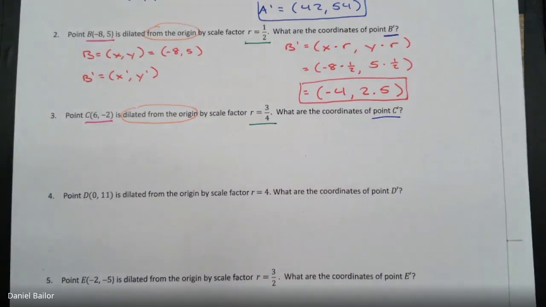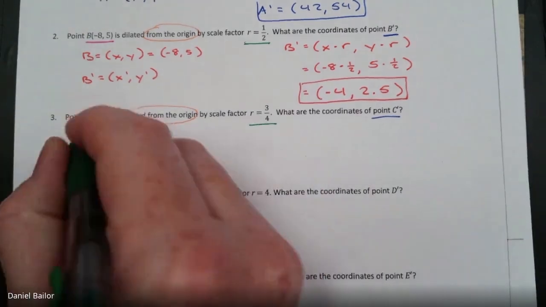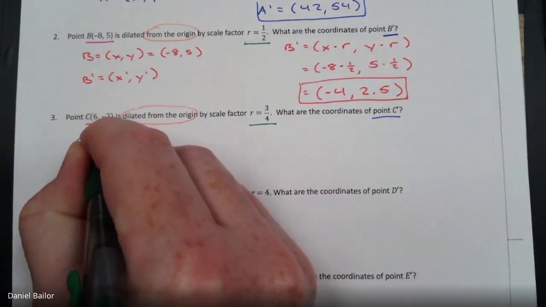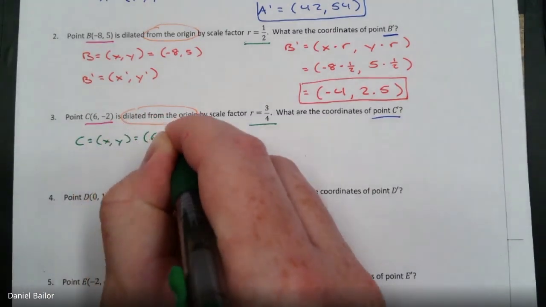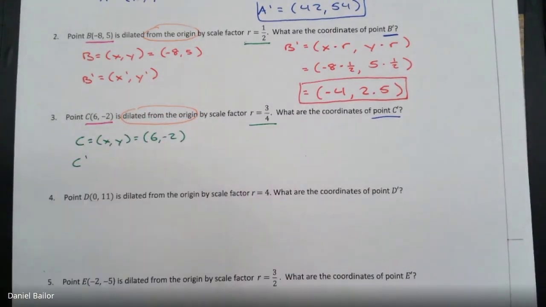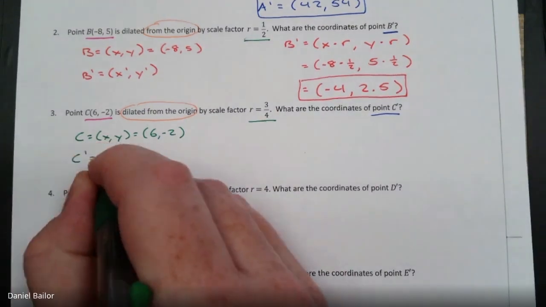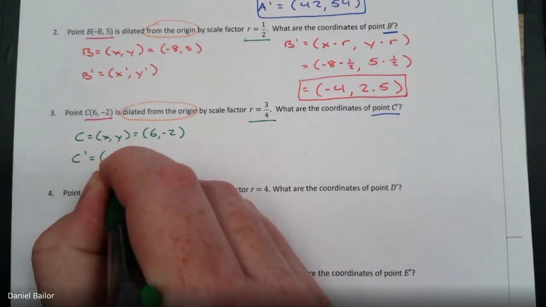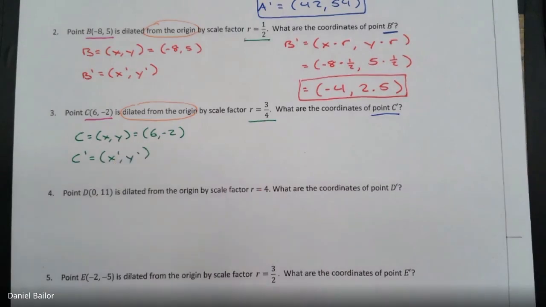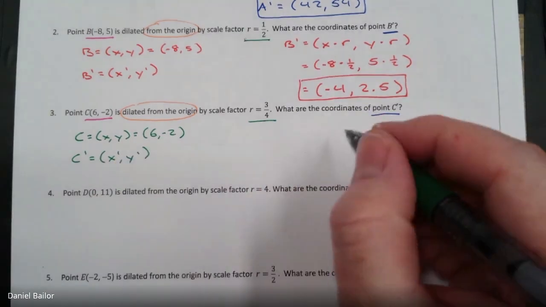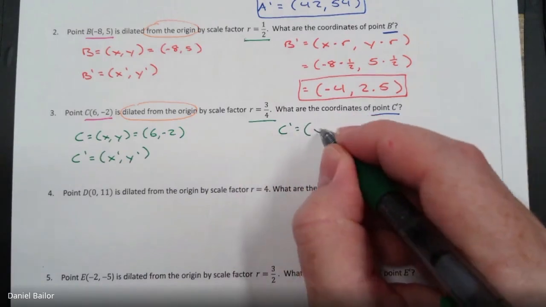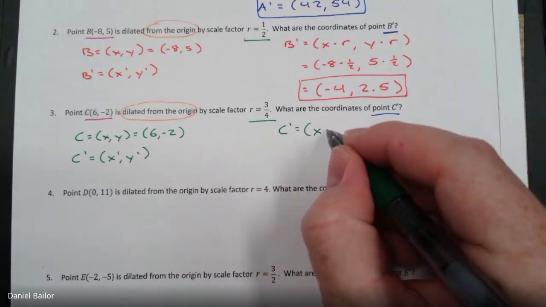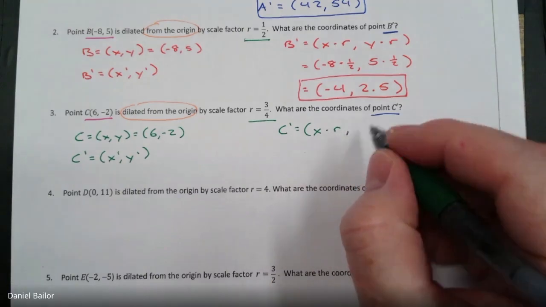So let's write down what we know. We know that C means x comma y, and it is 6 comma negative 2. We also need to find C prime, and we know C prime is going to be x prime, y prime. And we find C prime when we take the original and multiply it by the scale factor, because that's how all dilations work.